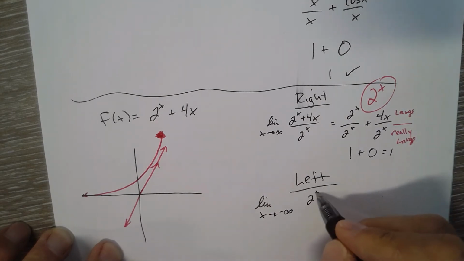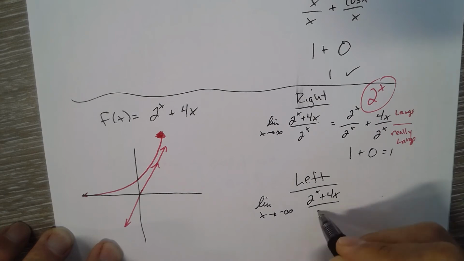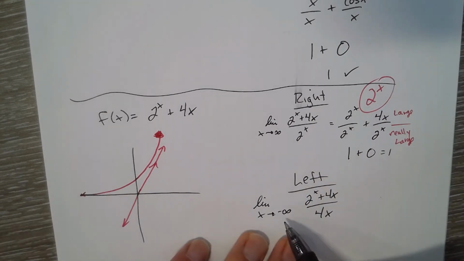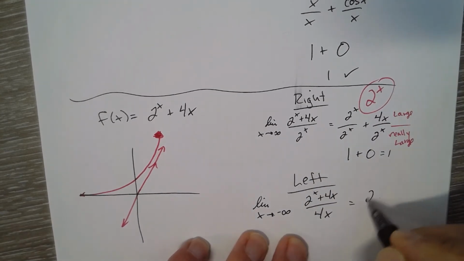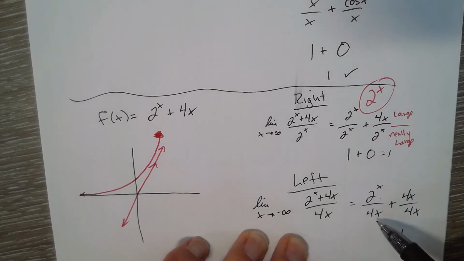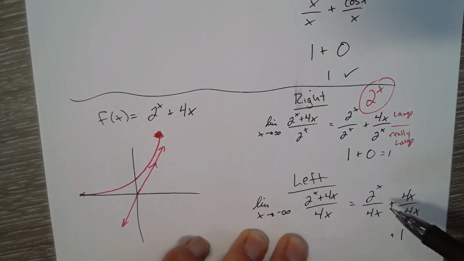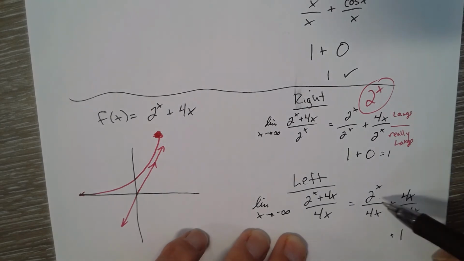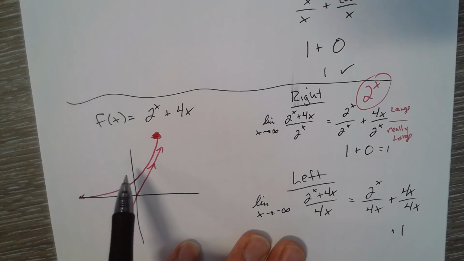As x approaches negative infinity of 2 to the x plus 4x over 4x. Remember, it's going to negative infinity here, so that's 1 plus 2 to the x over 4x. Now, before we said this is more dominant than that one, but that's only when we're approaching positive infinity.